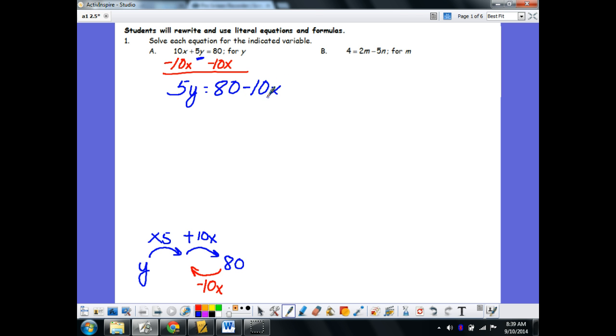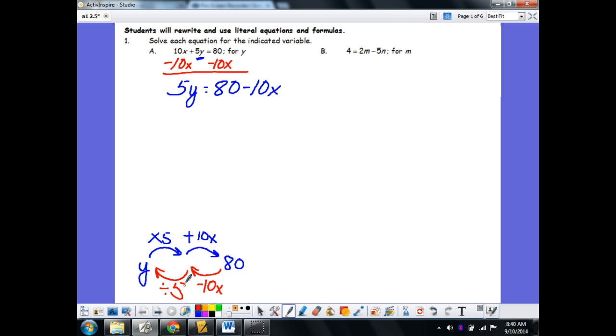If you are one of those people that really need to have the x first, just be careful that you're writing it as negative 10x plus 80. Then, to undo the multiplying by 5, we're going to divide by 5.